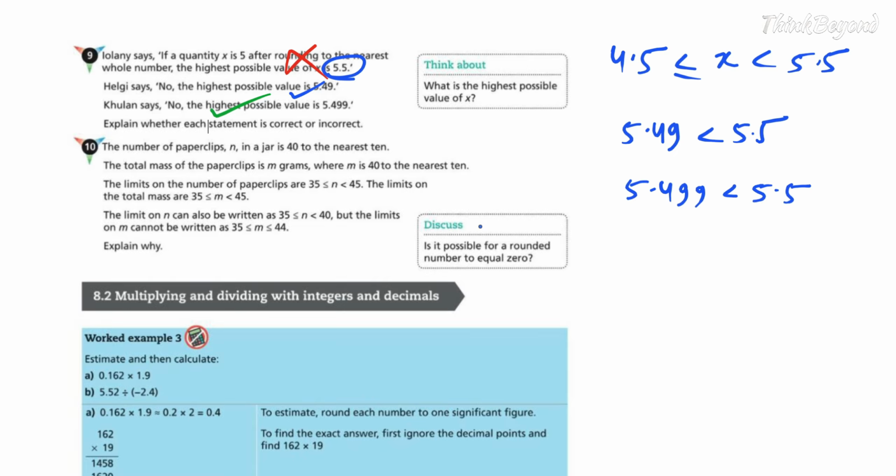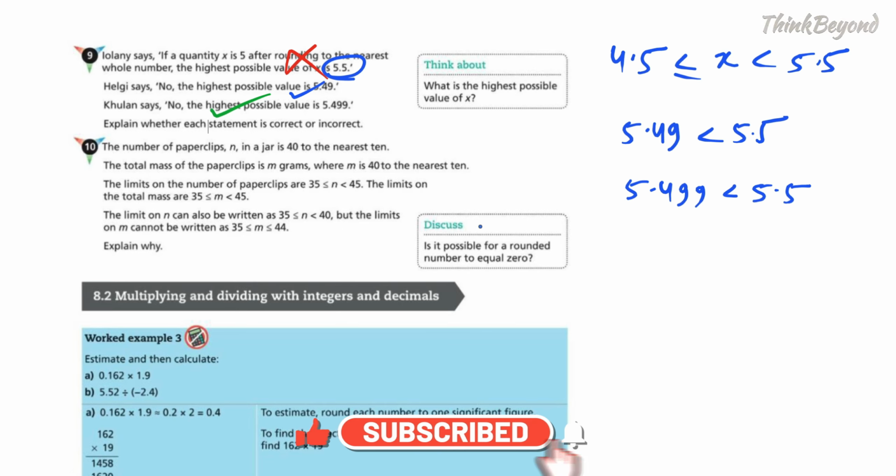So here is the explanation. n, the number of paper clips, is a whole number. You can't have half of a paper clip, right?